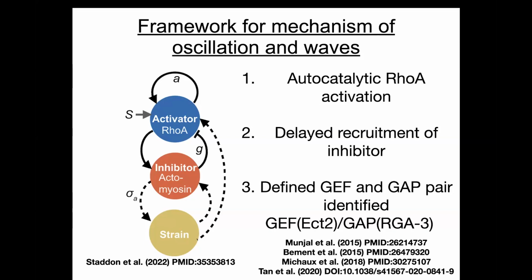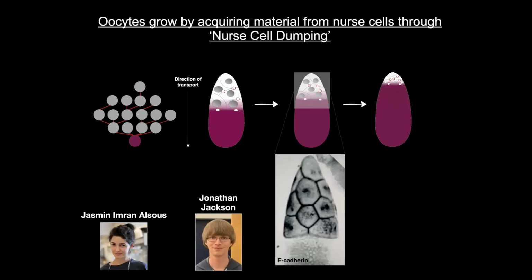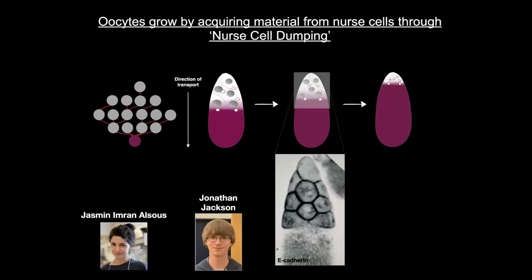So I'll tell you one example of a developmental process where this type of excitability is actually activated during the process of morphogenesis. And I'm not going to go through the details too much because I only have two slides on this, but this is the Drosophila egg developing. There are support cells called nurse cells that shrink and empty their cytoplasm into the developing egg cell.